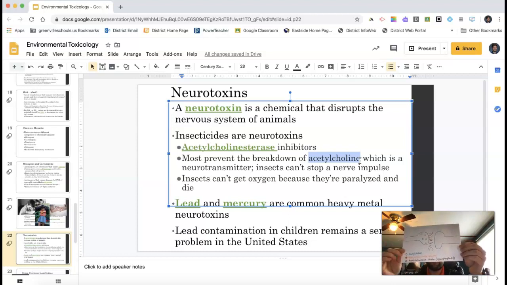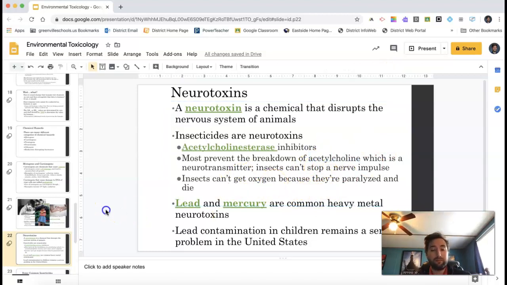There's a super tiny space in between these neurons, and the neurotransmitters go across the space to transmit a message. But whenever these neurotransmitters get over here, they land here, and they have to be degraded somehow, or else the nerve response never stops. So that's what these acetylcholinesterase inhibitors are doing. They're preventing the breakdown of acetylcholine, or these neurotransmitters.